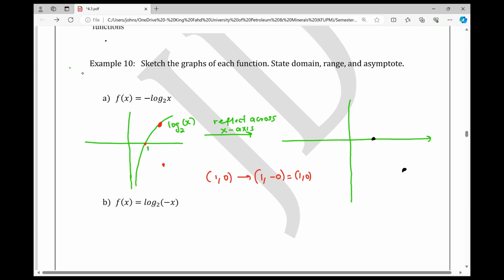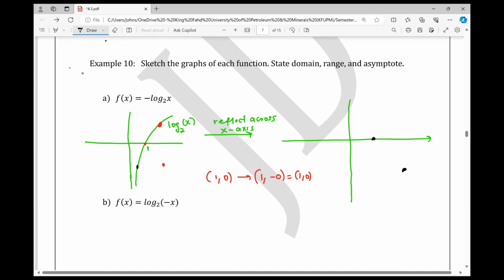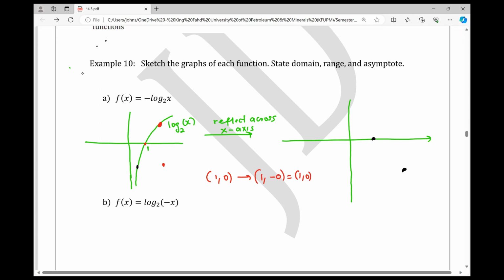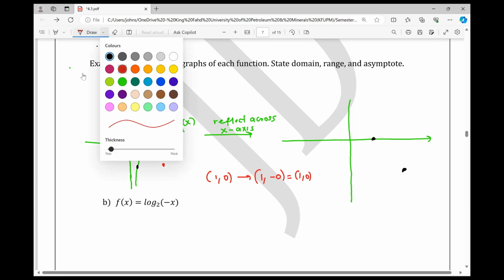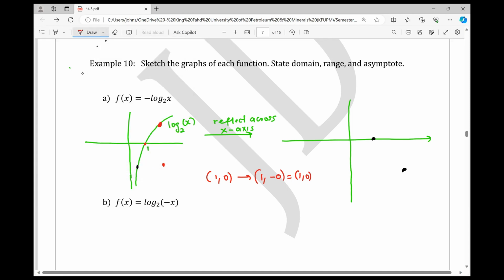All right. Now, if you take a point here and reflect it across the x-axis, it will go up. Let's say you take a point here. If you reflect it across the x-axis, the x value will remain the same, but the point will go up.